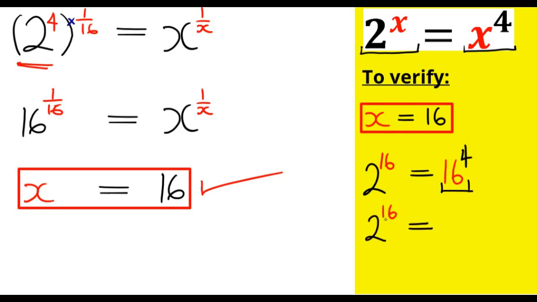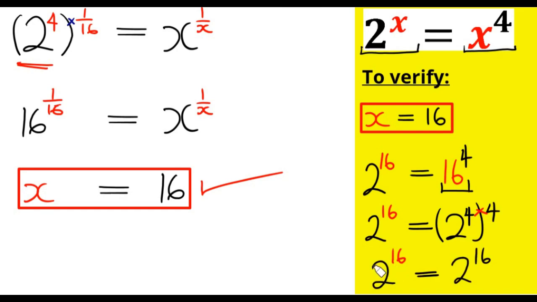So we still have 2 raised to the power of 16 on the left, and on the right we have 2 raised to the power of 4 in brackets, raised to the power of 4 outside. Carrying out the index rule, this 4 multiplies this 4, and 4 times 4 is 16. Then we have 2 raised to the power of 16 equals 2 raised to the power of 16. So the left hand side equals the right hand side, which shows that x equals 16 is actually correct.